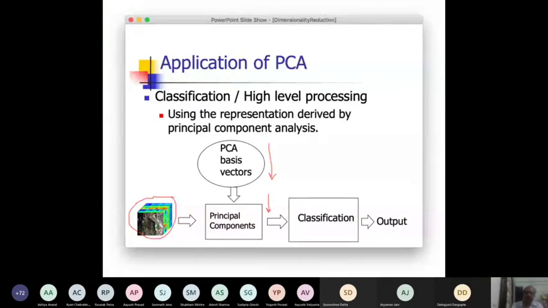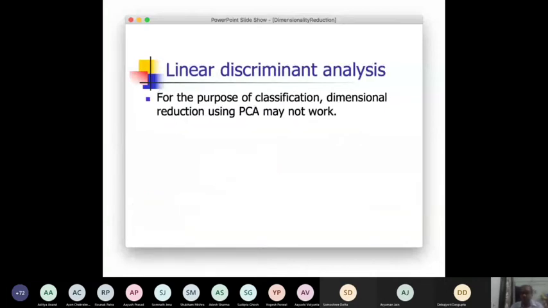This is how principal component analysis is related to machine learning. It is one way of feature engineering, one tool of feature engineering which is heavily used.